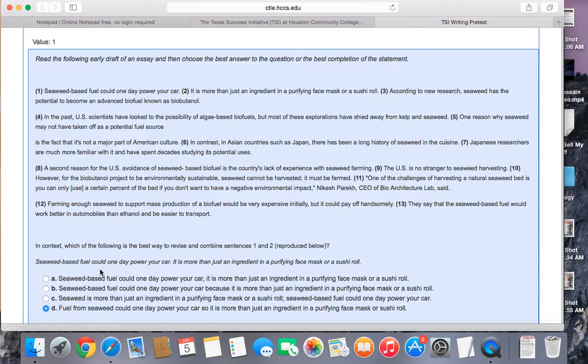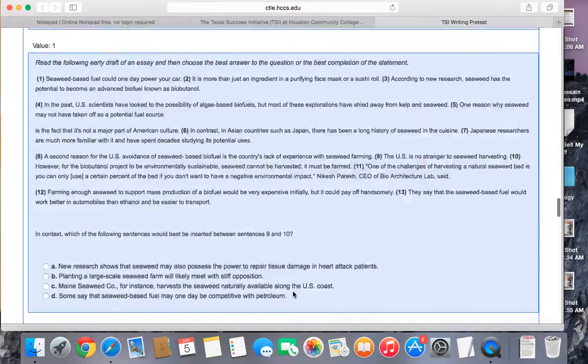Sushi could one day power your car because more than just an ingredient. So I think it's this because it has perfect grammar use like this, a comma splice to join these two sentences. So we'll just see at the end how it goes.